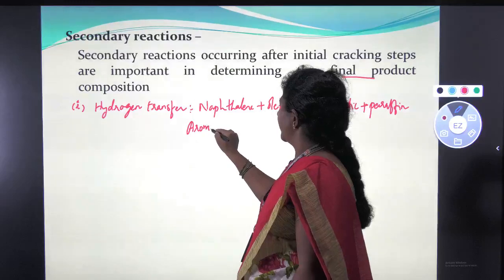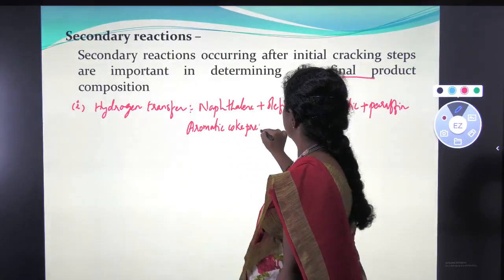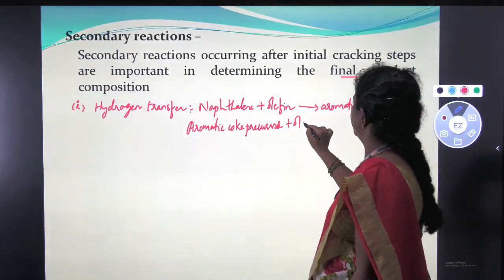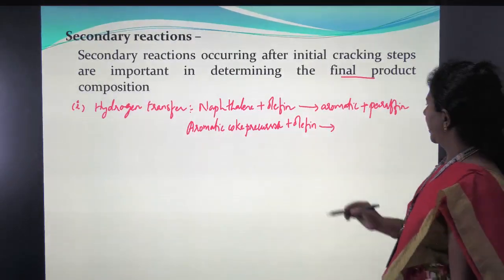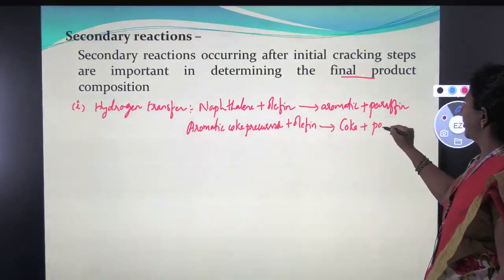If suppose it is an aromatic coke precursor plus olefin, then the products formed are coke and paraffin.